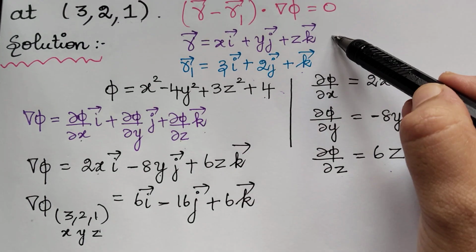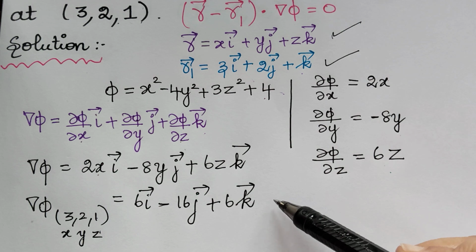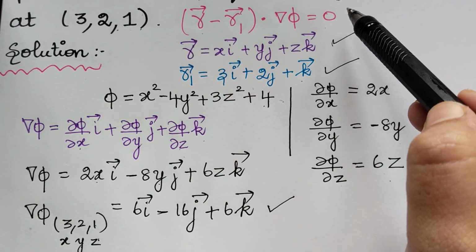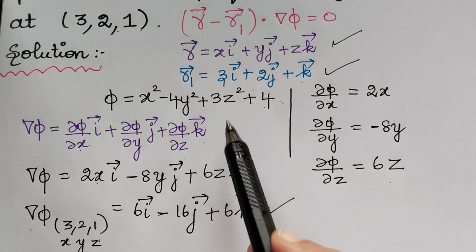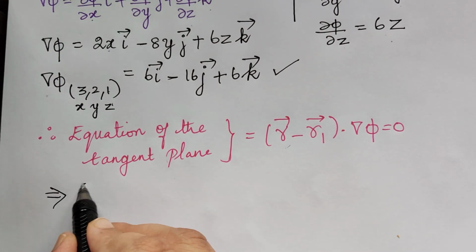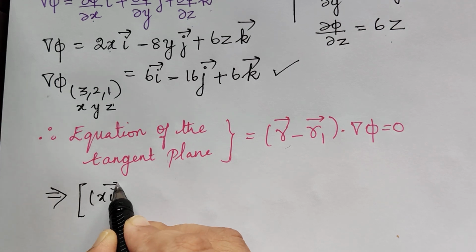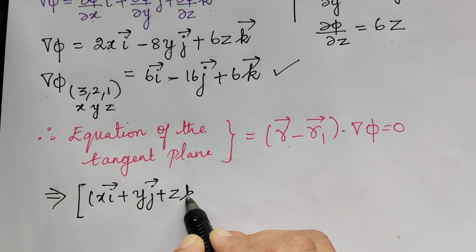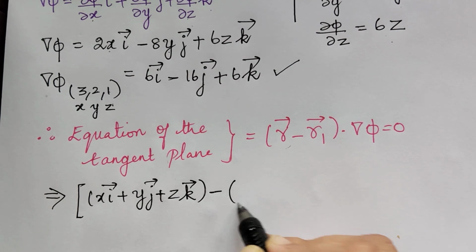Now we have r vector over here, r1 vector and nabla phi. So we can substitute in this equation of the tangent plane. So when we substitute, we get, what is r vector? We know that it is x i vector plus y j vector plus z k vector minus r1 vector.